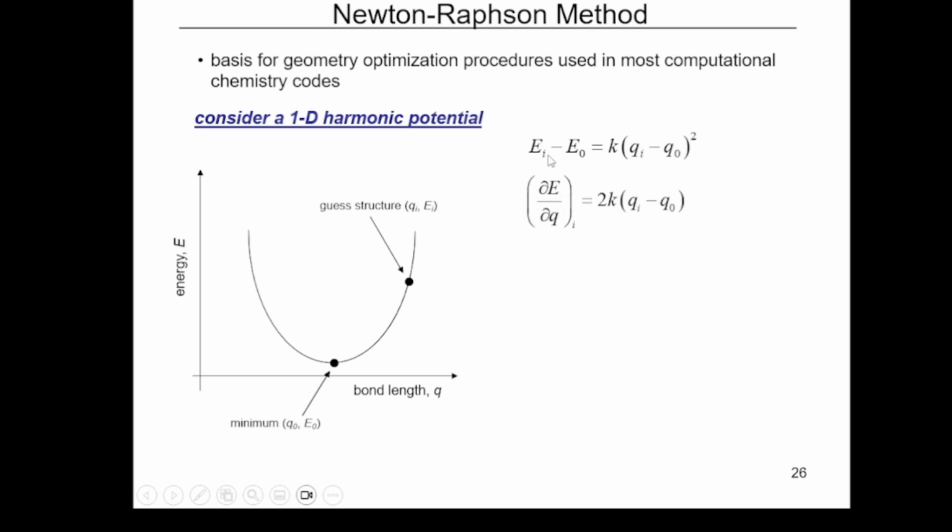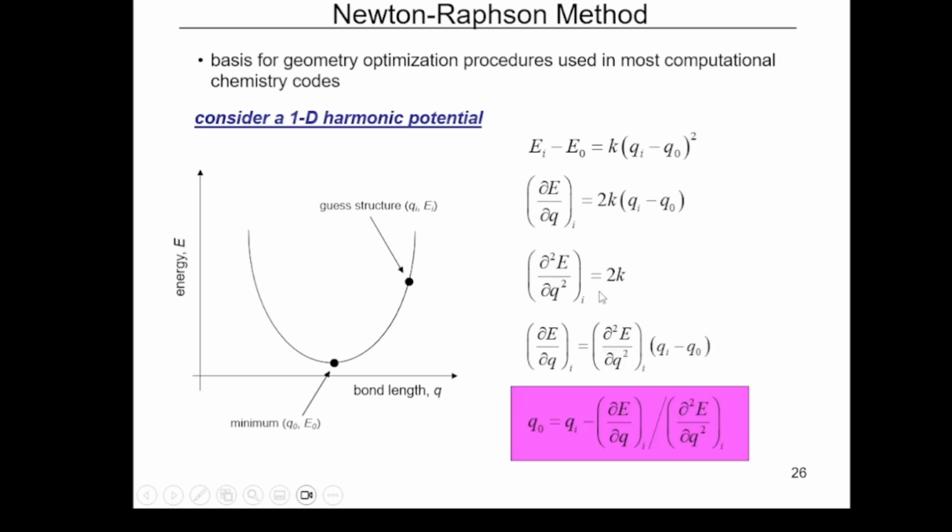If you take the derivative here, this 2 will come here. It will become 2k (qi minus q naught). If you take the second derivative, you can see the second derivative of energy with respect to these coordinates is equal to 2k, which is the force constant.